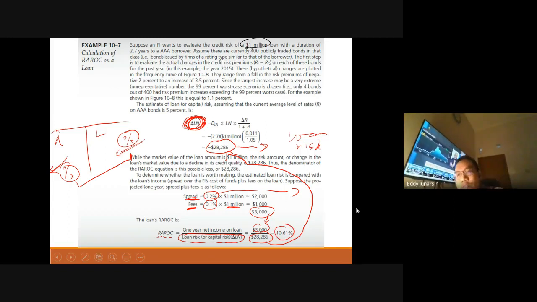And then your financial institution will make a decision as to whether this is good enough, right? 10.61, do you think it's good enough? I mean, could it cover your cost of fund, right? The cost of borrowing that you yourself have, for example, from depositors, from issuing a bond or anything. If it's better than the cost of fund, then you'll go ahead to lend out the money to this company or this person. Otherwise, you will not do it, right?